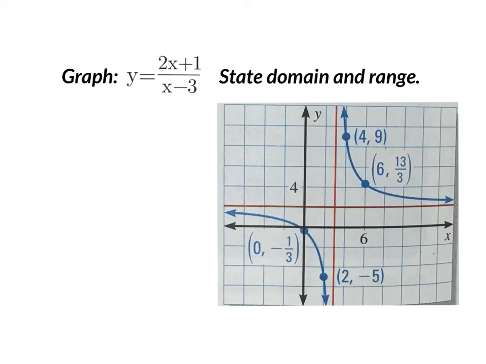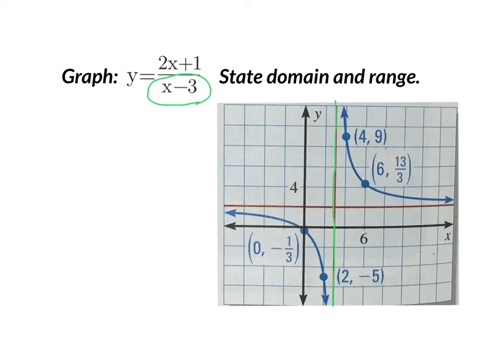So let's go one more. Okay, last one here says state the domain and range, graph y equals 2 over x minus 3. First thing I noticed is this right here. I have a minus 3 in my denominator, which shifts my asymptote over to the right 3, which is what this is. It looks like it's 1.5, but if you look at the axis down there, it's going by 2s.